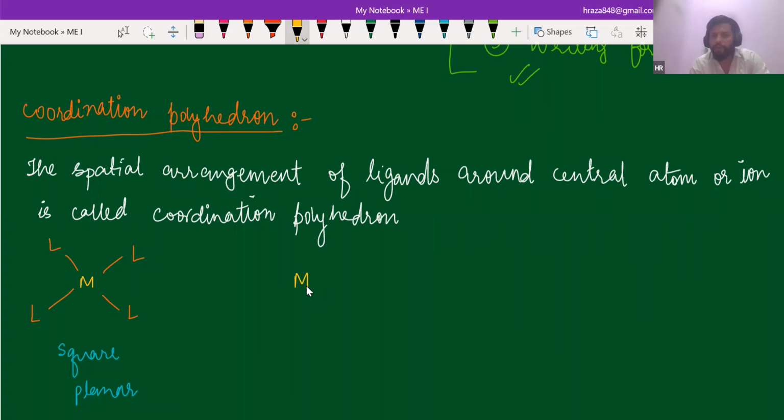You have 2 types of geometry or spatial arrangement of ligands. First is square planar, and the second is tetrahedral, sp3 hybridized. You will see in VBT when I teach this.